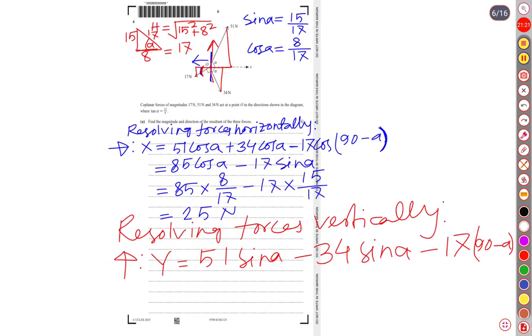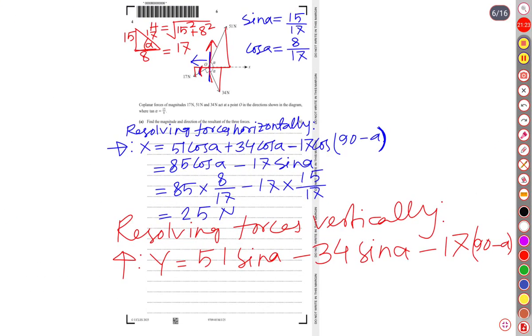After that, we are going to substitute the values, or let us expand this. So 51 minus 34, that is 17 sine alpha. And sorry, here I forgot to write 17 sine. So let me use the eraser.